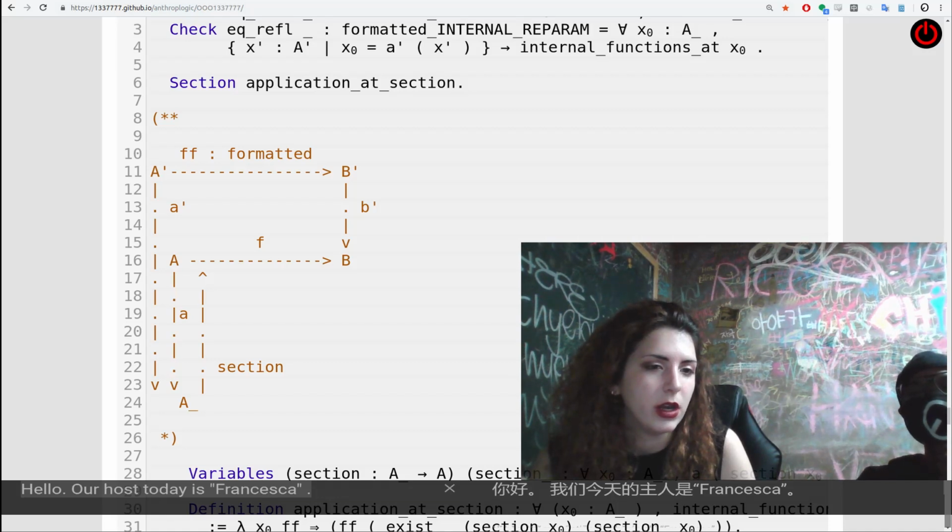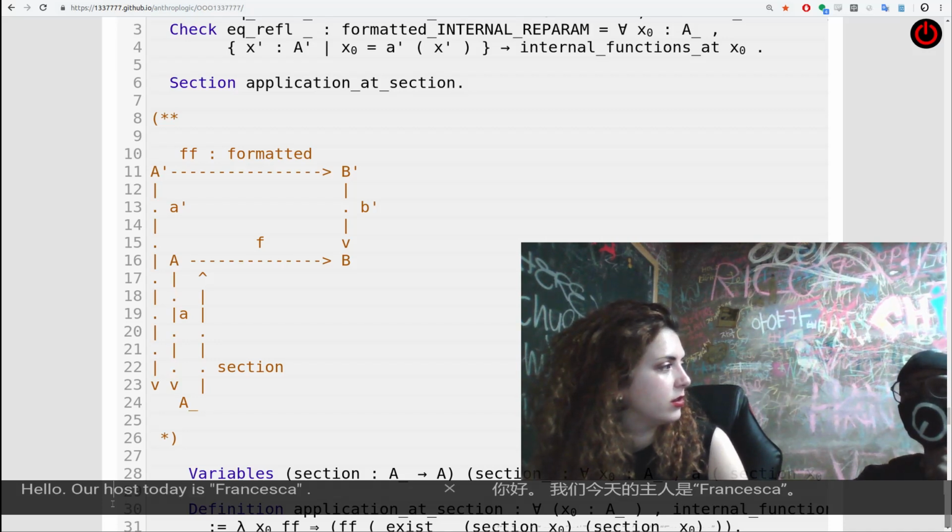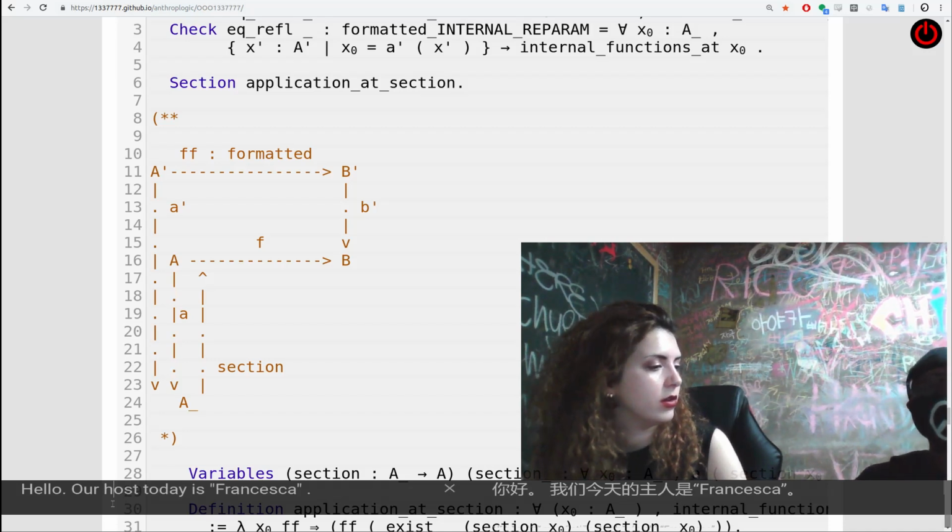For example, what is a function? When I say you multiply by 2, you multiply by 3, this is a function with infinite data.